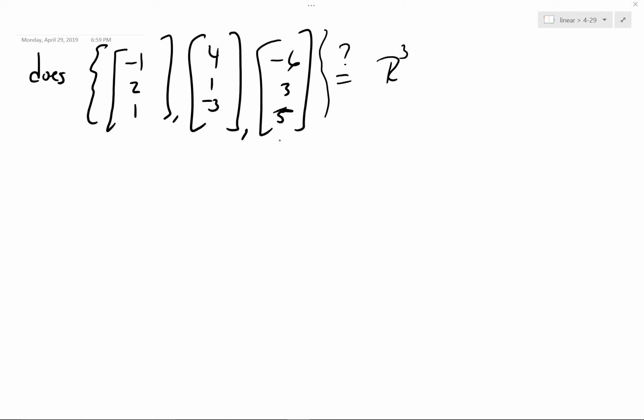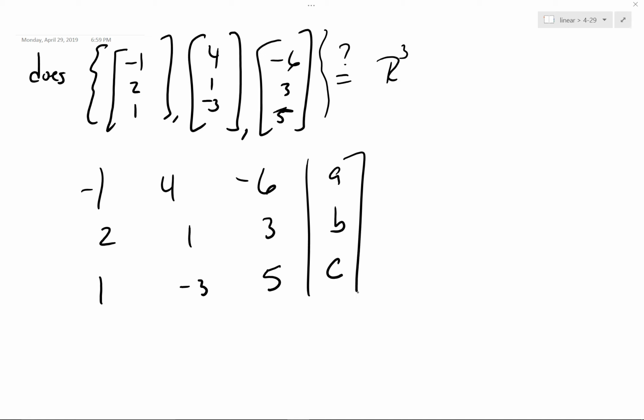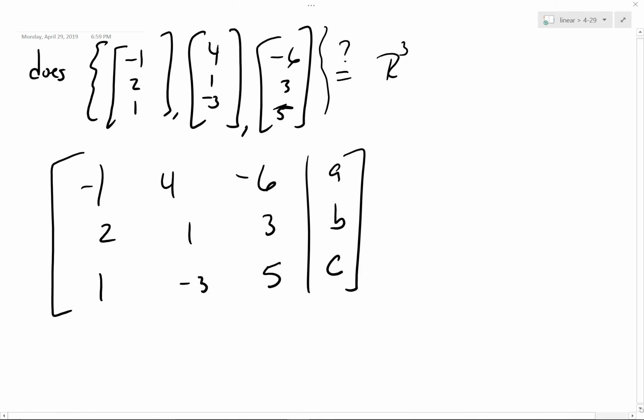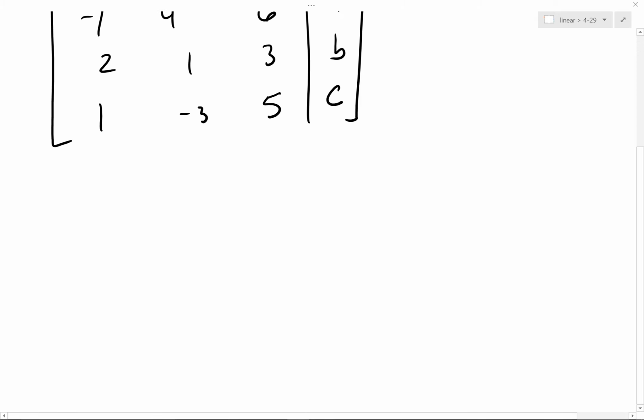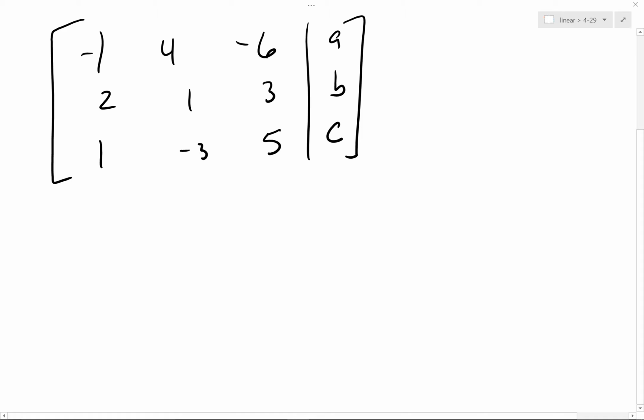I don't know. Let's find out. Remember, if it does, they'll be linearly independent, which means I should be able to get down to 1, 1, 1 on the diagonals, zeros everywhere else. If that's not true, what does that say? It says they are not linearly independent.